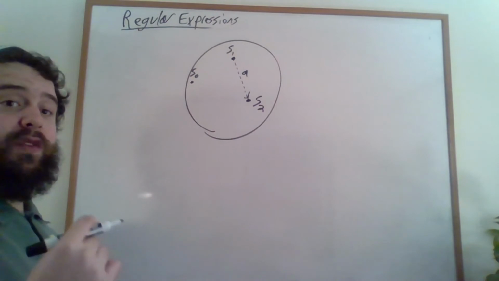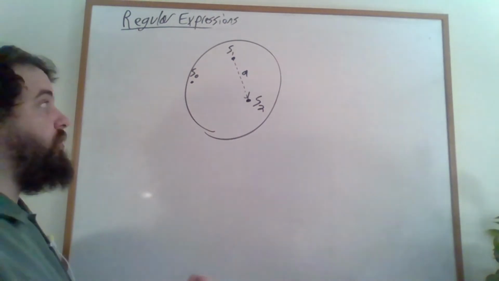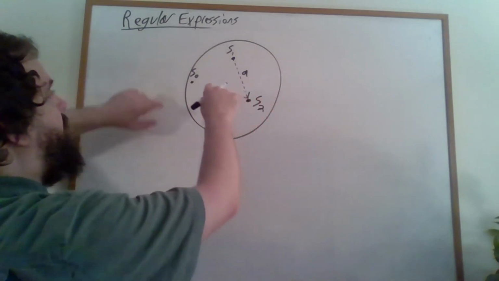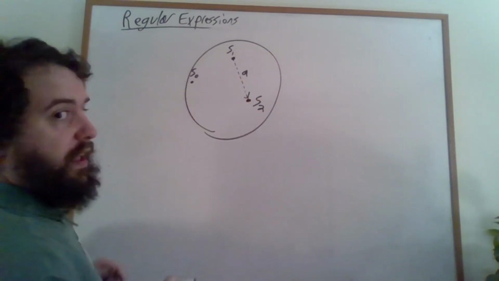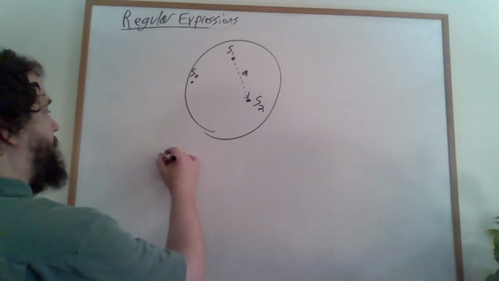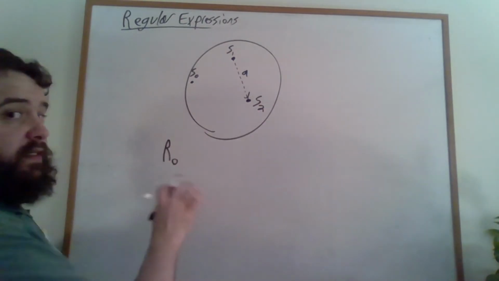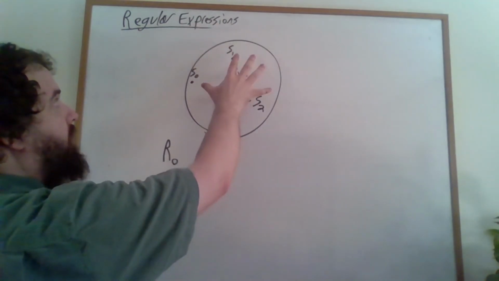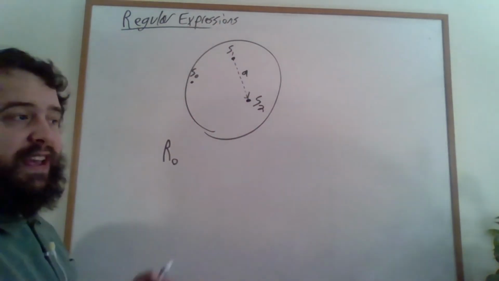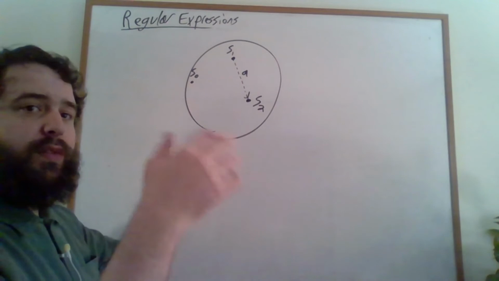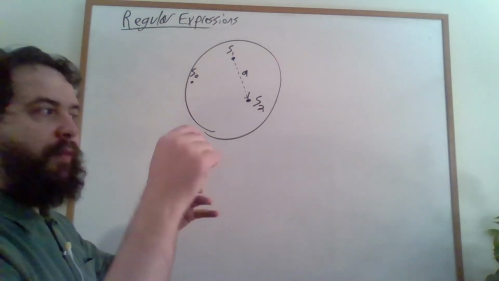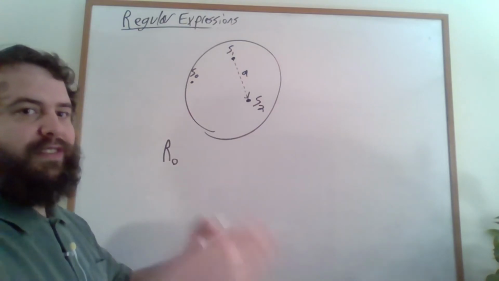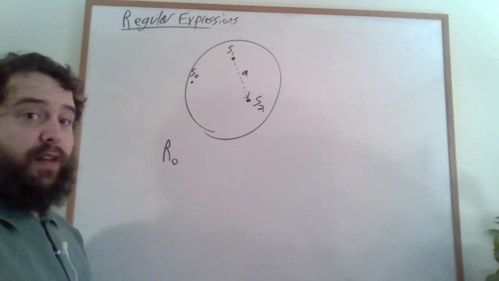And so we're going to refer to that regular expression of paths from the start state to final states that don't pass through this edge at all by R0. This will be some regular expression that we get. We remove this edge, we calculate the corresponding regular expression. Again, this is recursive, so we're going to do this calculation by removing an edge and calculating those regular expressions and so on and so forth until we've removed all of the edges.